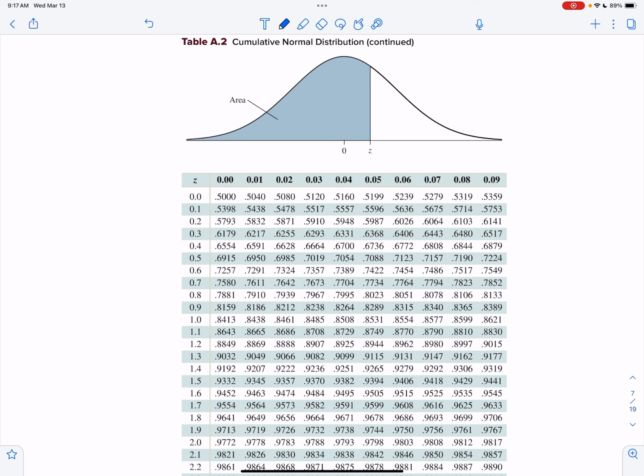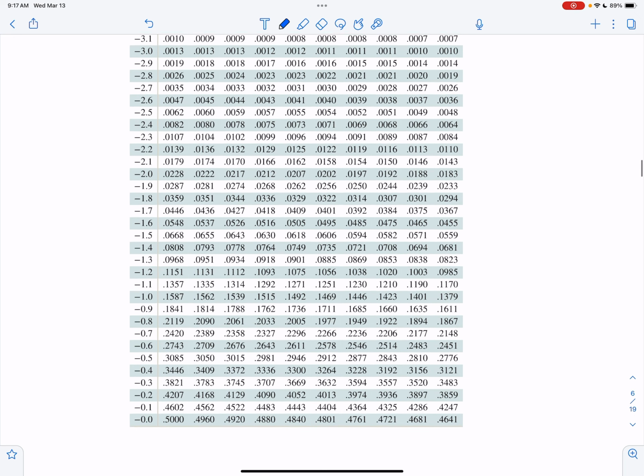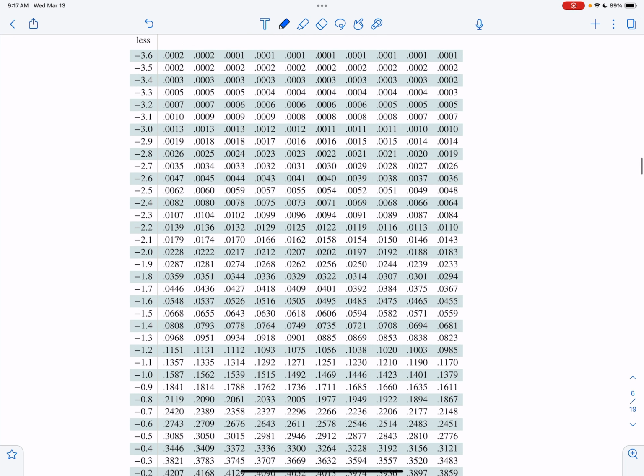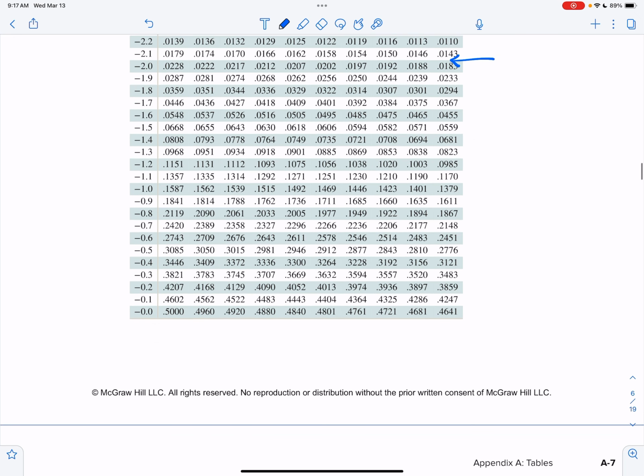Because this is an area this time, I'm going to search for the area of 30% inside my table. So my areas are found in here, and I want an area as close as possible to 0.30.